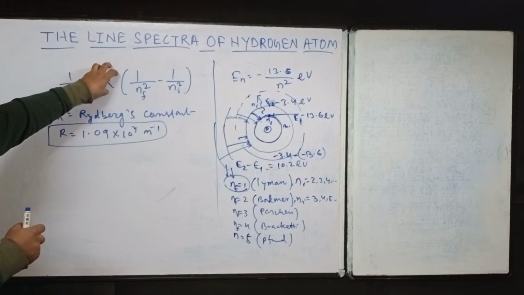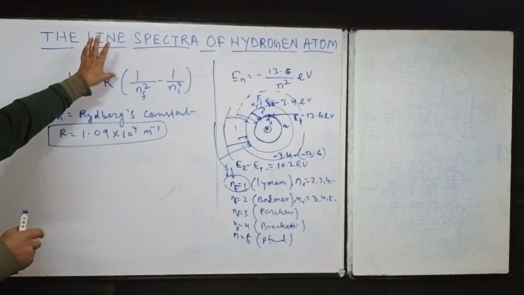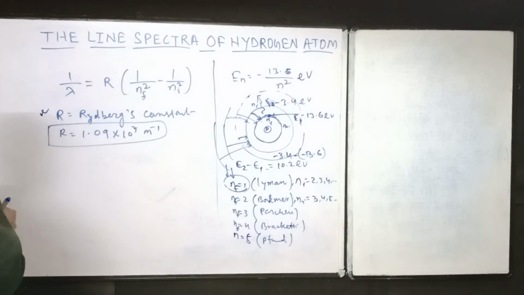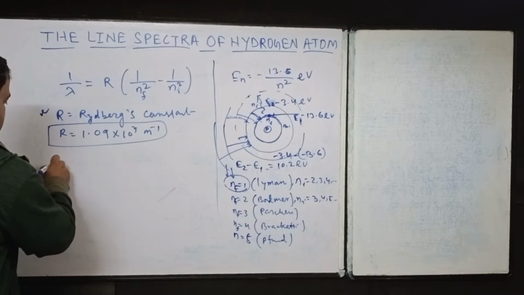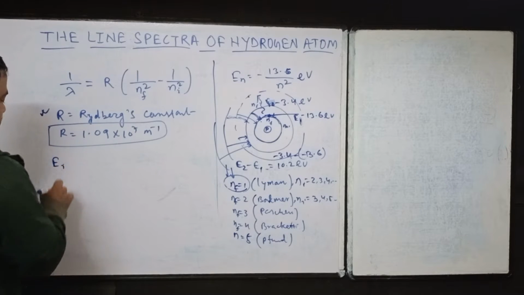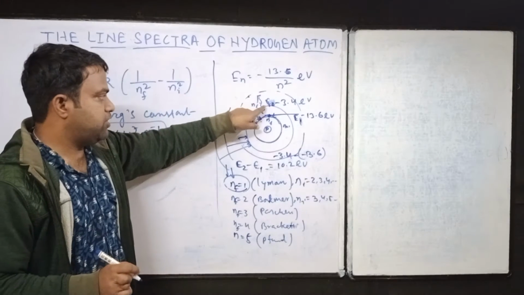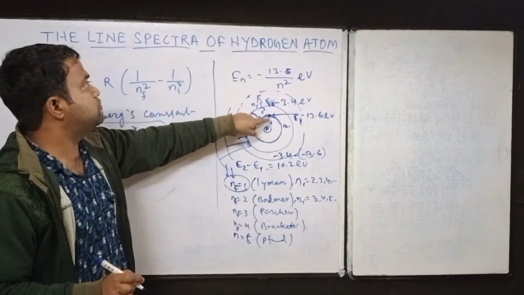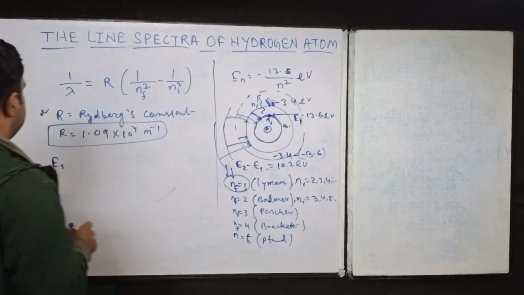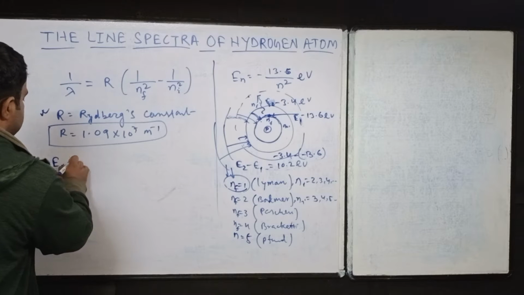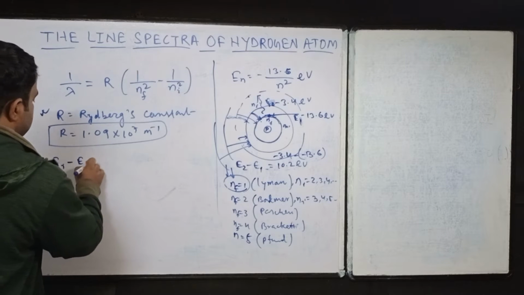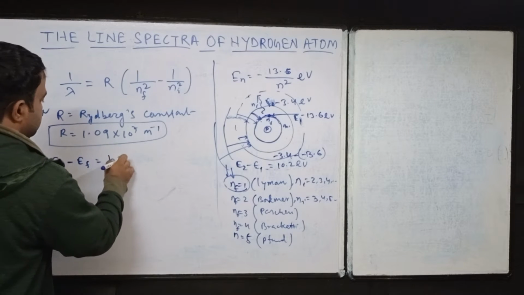And how it matches with Bohr's model, you can do that easily. From the third law of Bohr, you know that when the electron jumps from one orbit to another orbit, the energy difference is h nu.